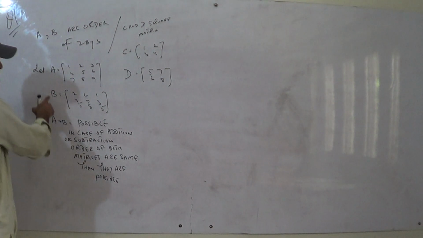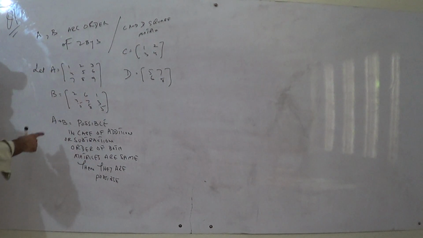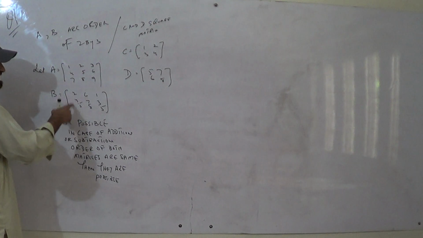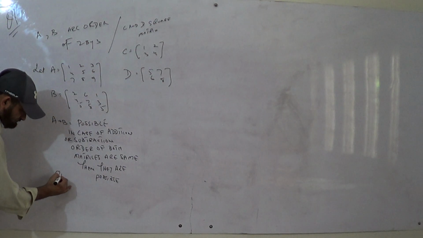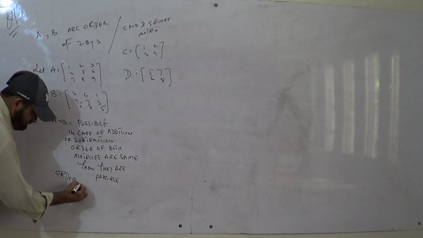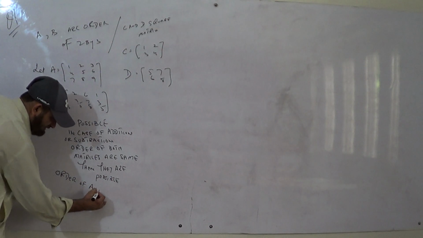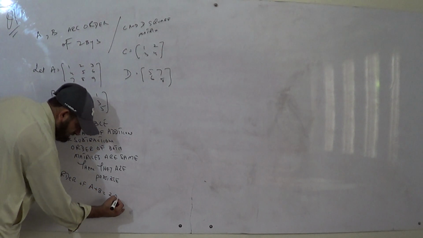Which means A plus B is possible. If you add both matrices, we get an order of A plus B the same, 2 by 3.